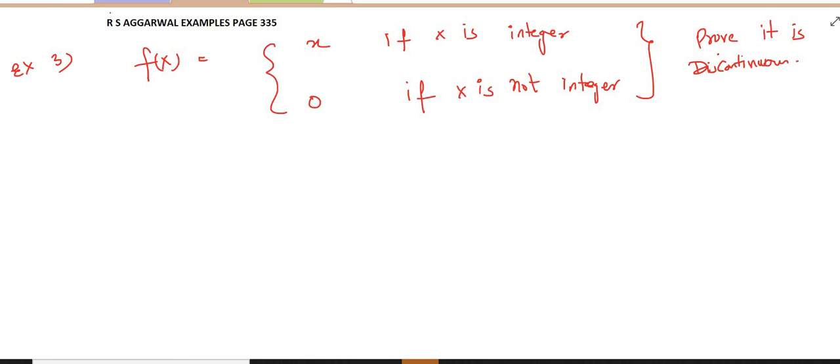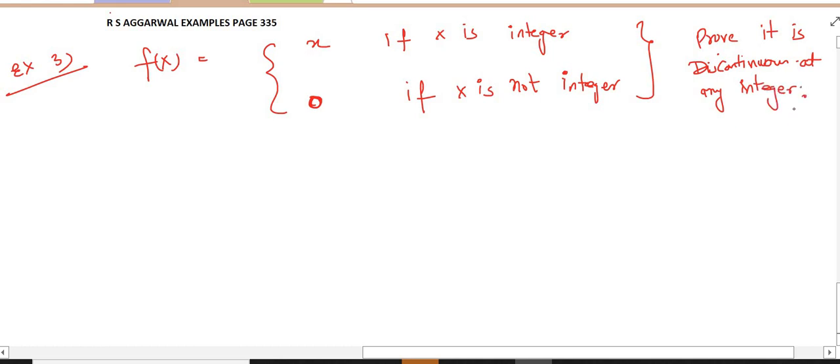This is the third example. f(x) is x if x is an integer and 0 if x is not an integer. So you have to prove that it is a discontinuous function at any integer value.